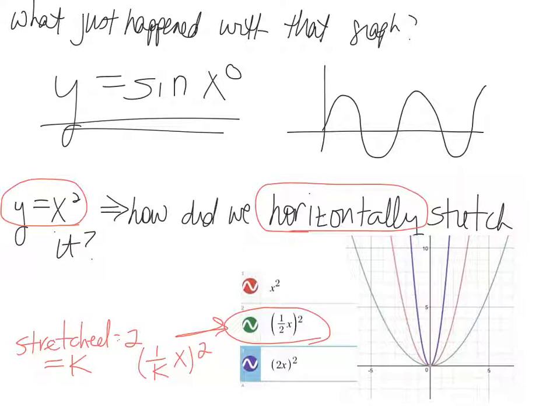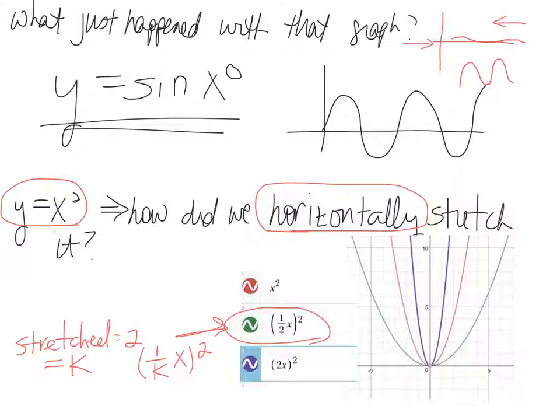What horizontal scaling can we perform to compress the parabola y equals x squared to make the graph twice as narrow as the original graph? Remember, like the previous slide, that graph is too far out. We need to compress it this way to make the up and down periodic motion a little more apparent.